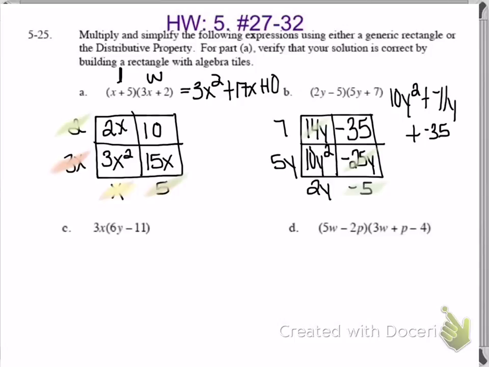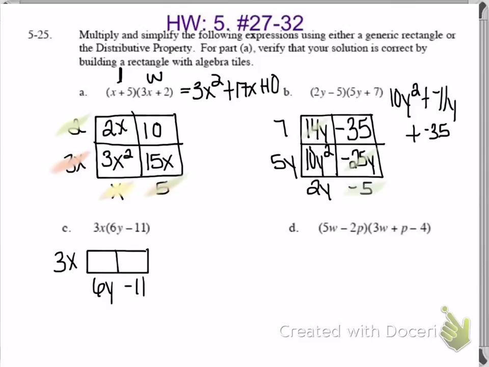Let's check the answer to letter C. Now hopefully you looked at letter C and saw that I could use the distributive property to multiply these two products. However, I'm going to show you what that looks like using the generic rectangle. I'm going to place the 3x off to the side, 6y, and -11.